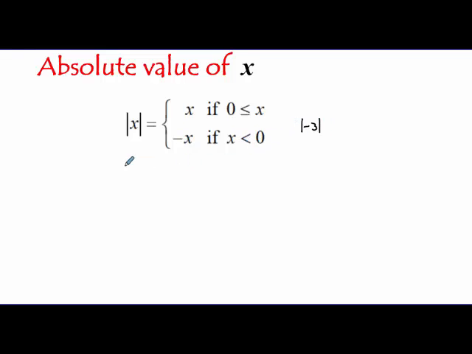But most importantly, what we discussed before is that the absolute value of x is always going to be a quantity which is greater or equal to 0, and when the absolute value of x is equal to 0, that would mean that x itself is equal to 0.